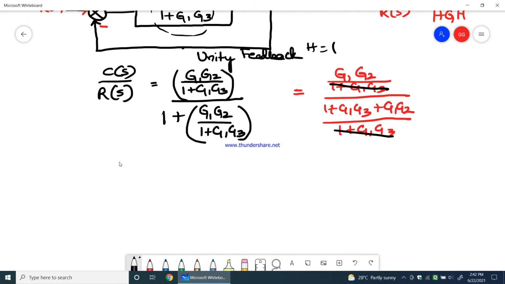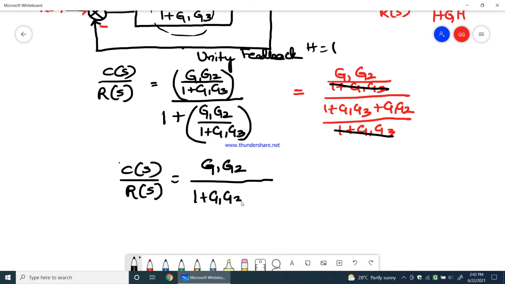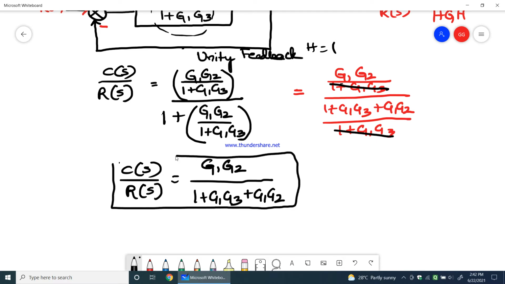Therefore finally the transfer function C of S by R of S equals G1 G2 divided by 1 plus G1 G3 plus G1 G2. So this is the final answer for the given block diagram. This is the final transfer function for the given block diagram.